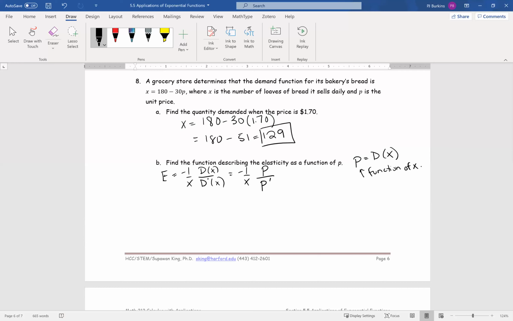So if we take the equation that we were first given, we can solve it for p. We can subtract 180 and then divide by negative 30. So we get p equals, and we can just flip it around, 180 minus x over 30.